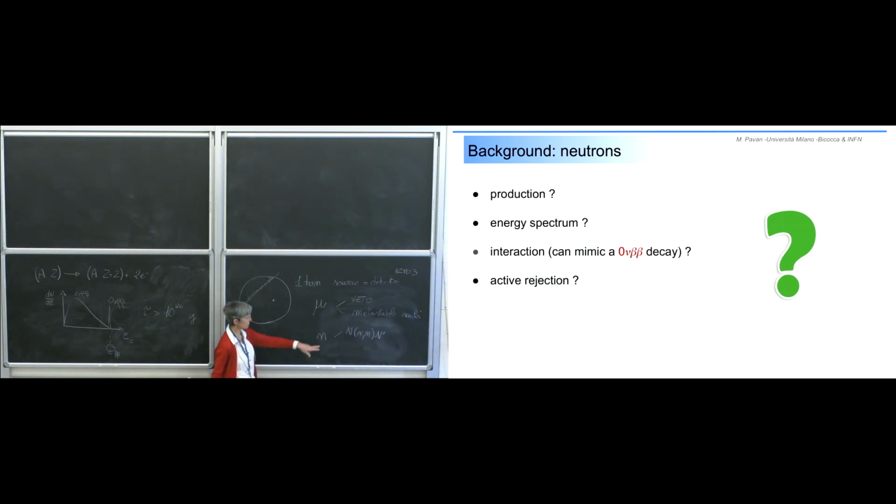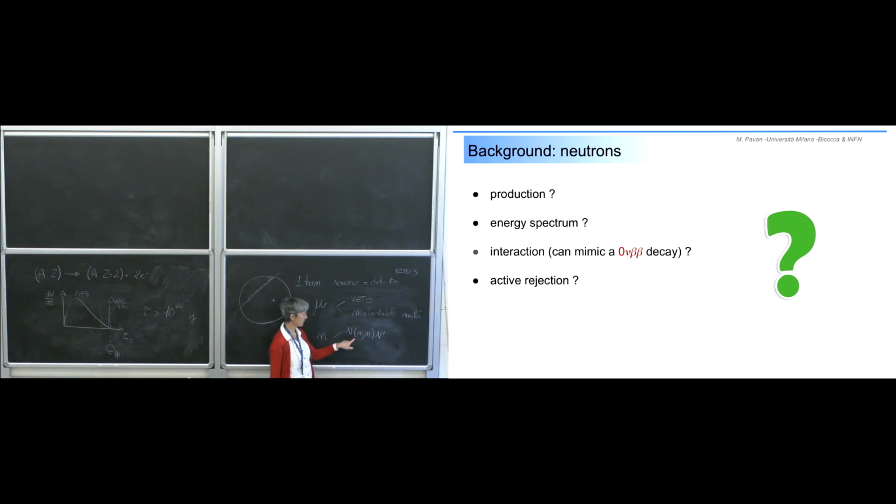Are you familiar with this way of writing an interaction? So this means that I have a nucleus, and this interacts with an alpha particle, and the products are a nucleus and a neutron.